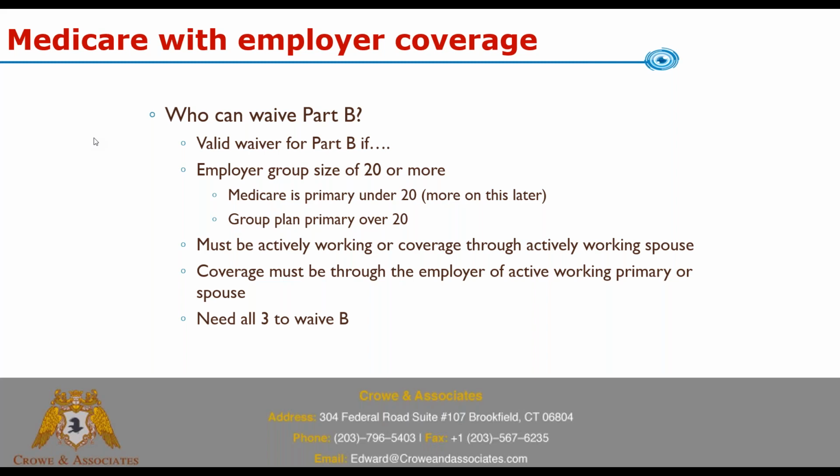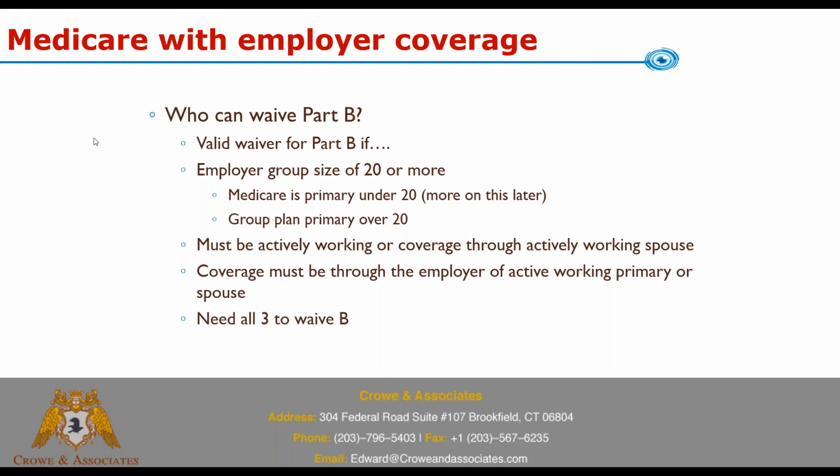You must be actively working or getting coverage through an actively working spouse. And also important is that coverage must be through the employer of the actively working person or the actively working spouse. A lot of times somebody's in a group of 20 or more, they're actively working or their spouse is, but the coverage they have is with an old employer or a union plan or an individual health plan.